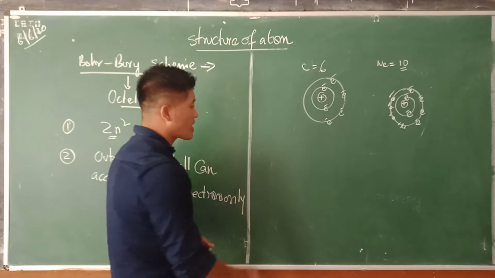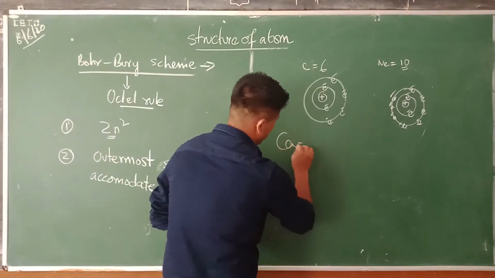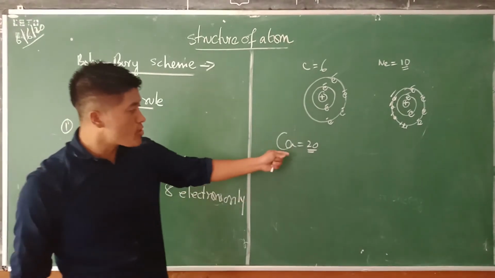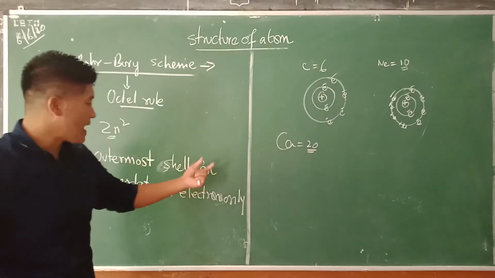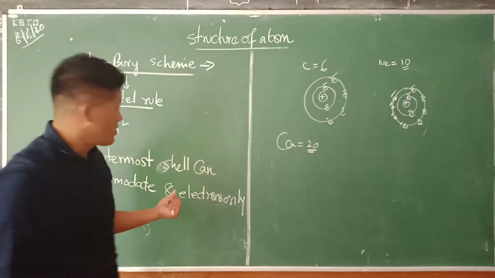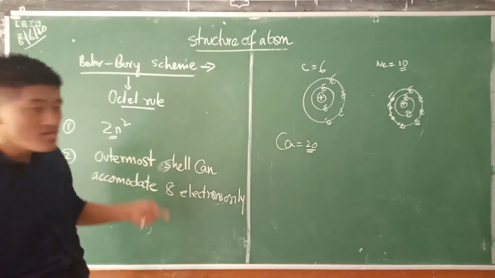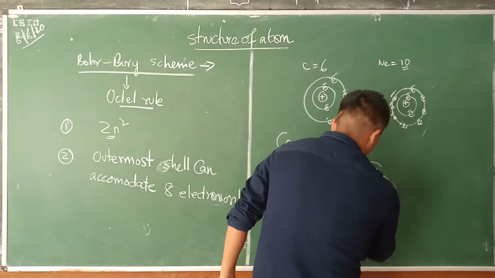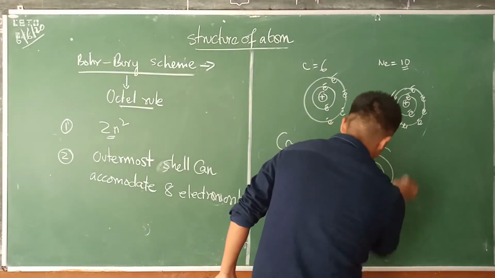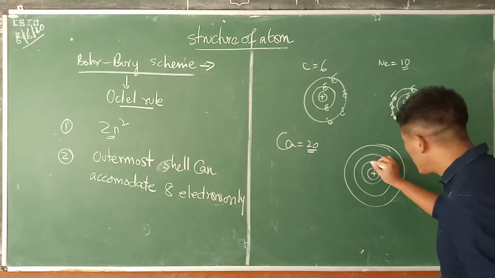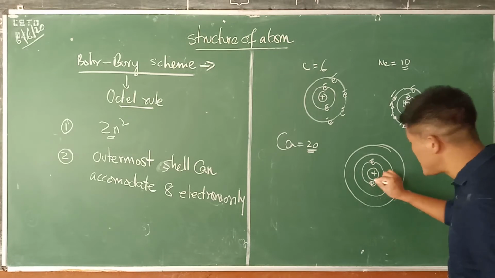Now let us think about calcium. Calcium is atomic number 20. When you try to write this configuration, you will have a clear idea of the second postulate of the Bohr-Bury scheme. So I'm going to write the configuration. 20 means you have to write 20 electrons. In the first shell, how many electrons can they accommodate? 2.